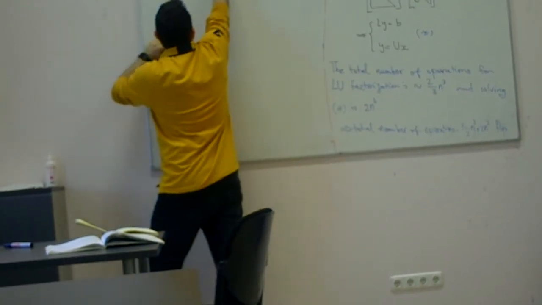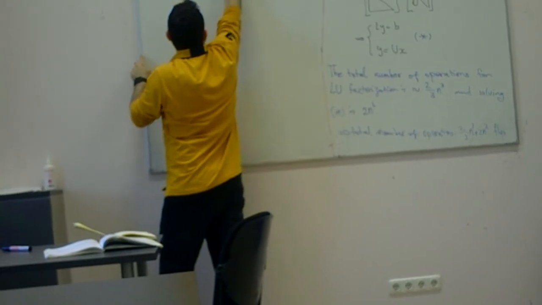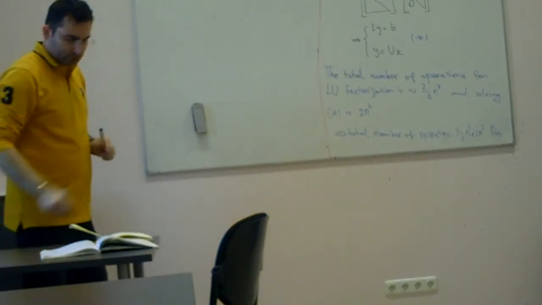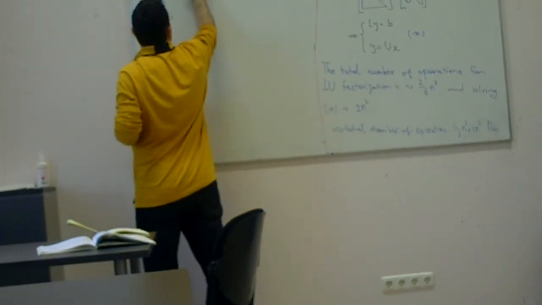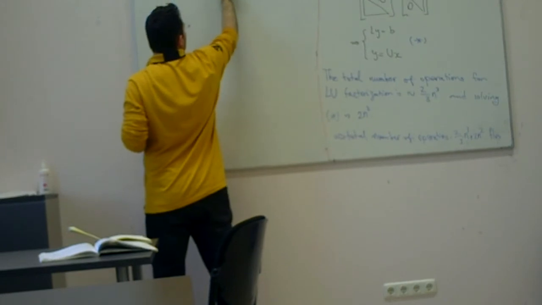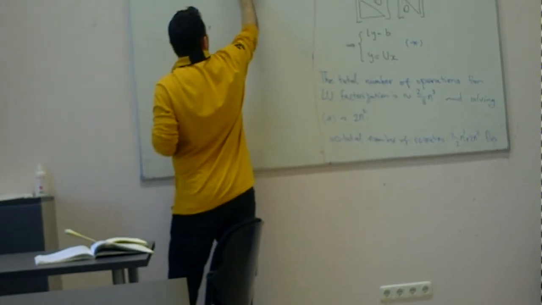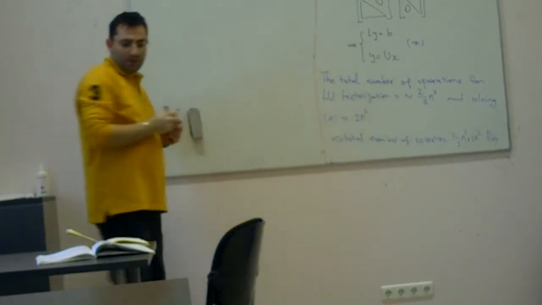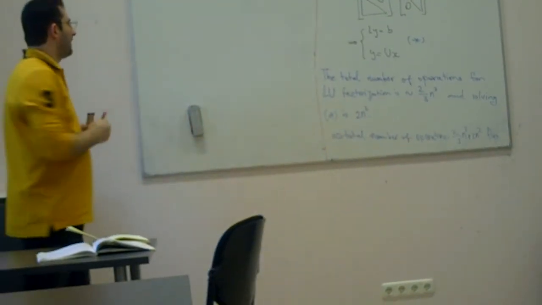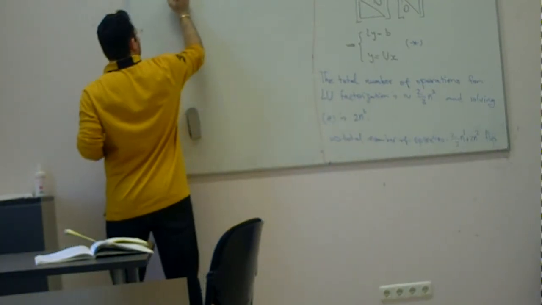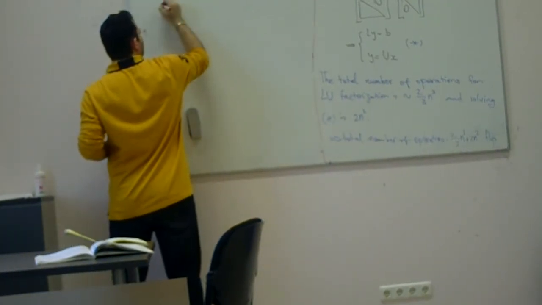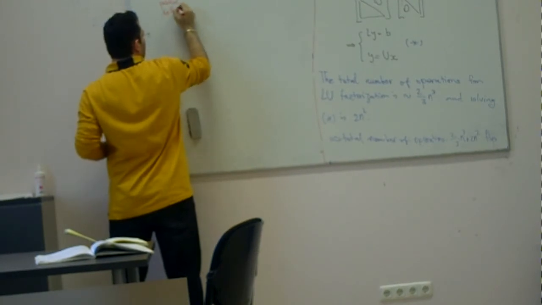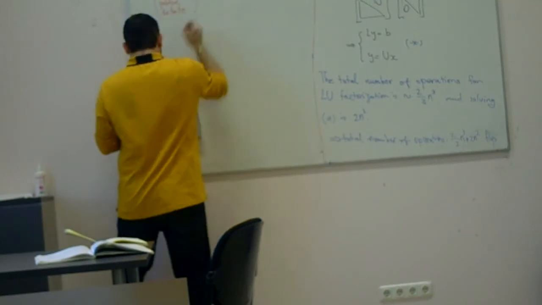Cholesky decomposition or factorization says this. Ax = B, then I can write LL transpose x = B. But here, A must be positive definite. We will describe what it is in a few seconds.